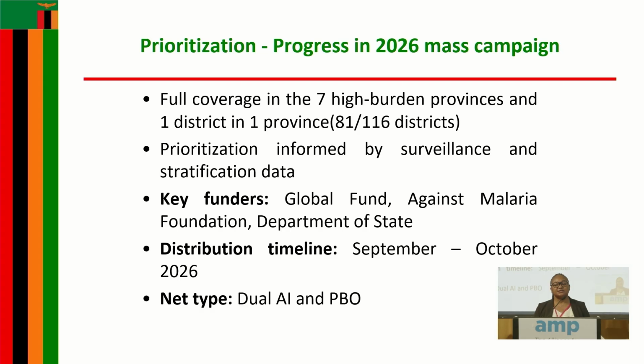Our key funders for this year's campaign include Global Fund, Against Malaria Foundation, and the Department of State through the Global Health Supply Chain. We plan to do our actual distribution in September through to October, and we will have 2 types of nets, the DOAI and the PBO.